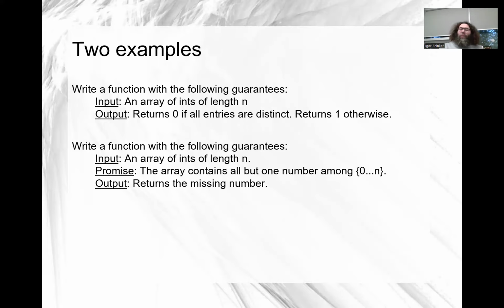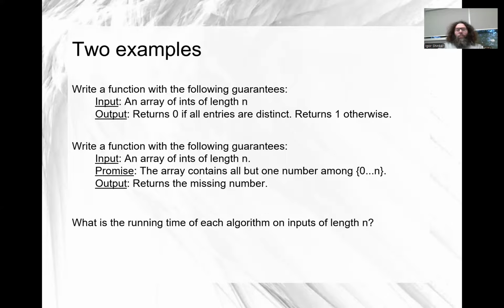They're all different. So the question: how fast can you do that? Maybe pause the video for a minute. I'll count to 5 and then continue, but pause the video and try to think about it. In particular, think about the running time of each of these algorithms.